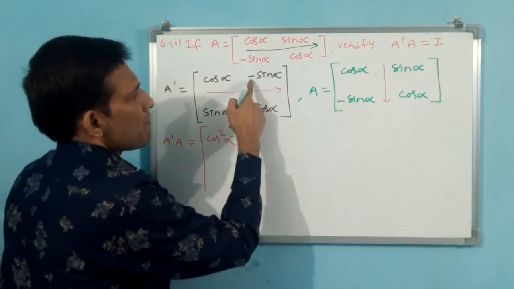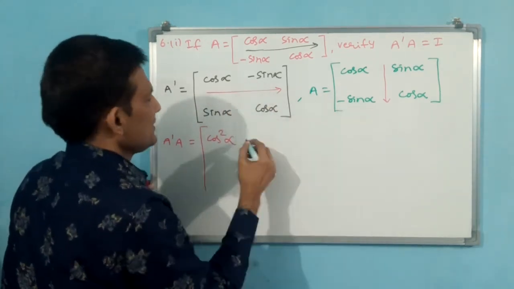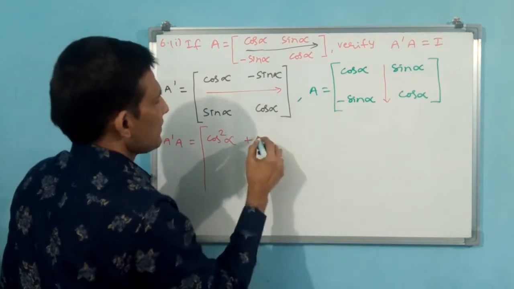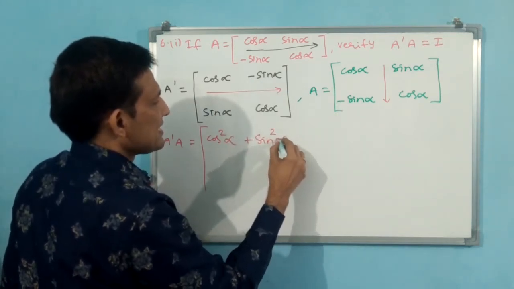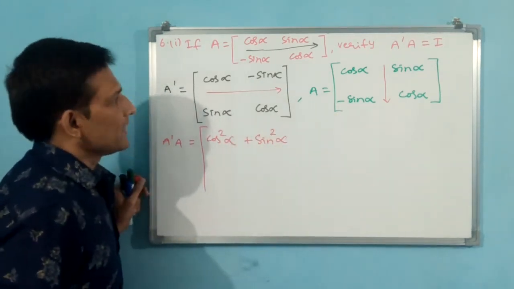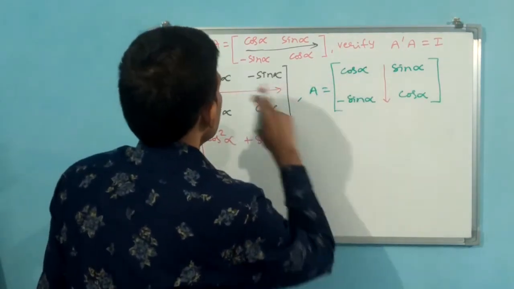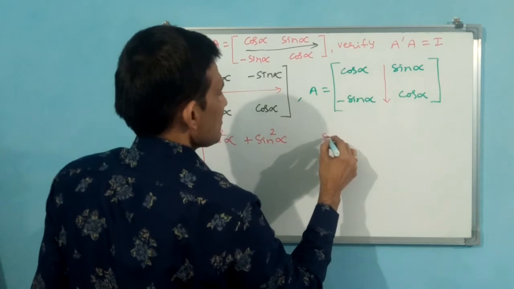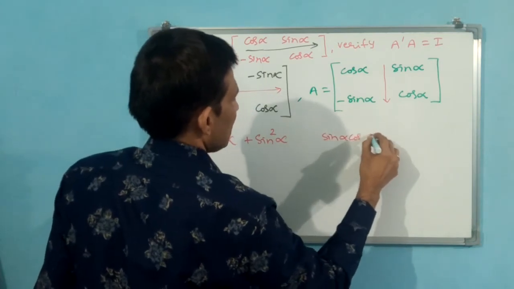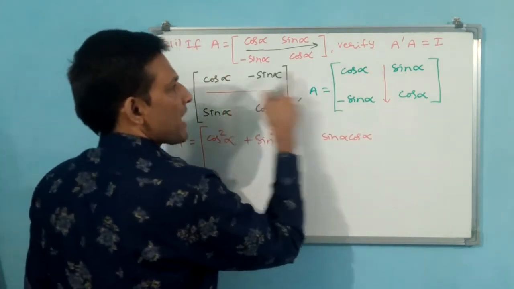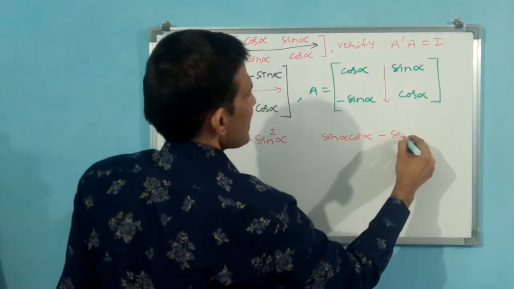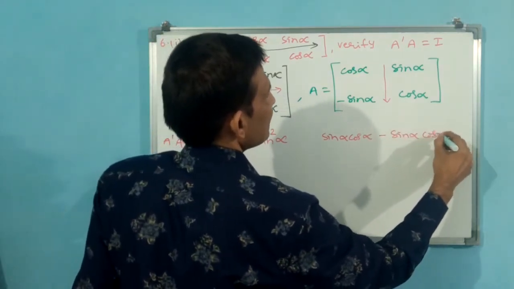Now minus minus plus, sin alpha into sin alpha, sin square alpha. First row, first column is over. Now first row, second column: cos alpha, sin alpha, write down sin alpha cos alpha. Again, minus sin alpha, cos alpha, write down minus sin alpha cos alpha.